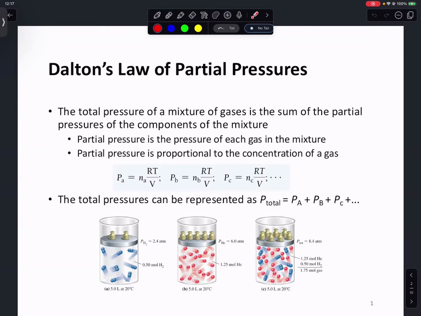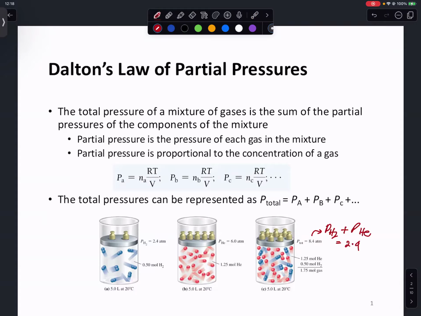Now, say we mix these two gases together, and again it's the same volume, same temperature. Note that because the moles are additive, the pressures are also additive. So I can say that the total pressure is going to be the sum of each individual partial pressure. Note this 8.4 right here, which is the total, is representative of the individual or partial pressures of both hydrogen and helium.